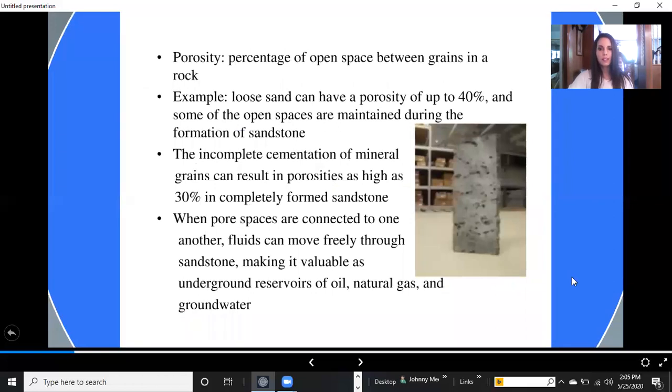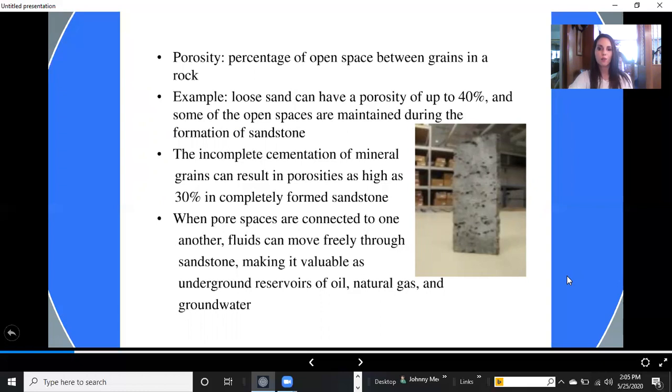Porosity. So porosity is the percentage of open space between grains in a rock. An example, loose sand can have a porosity of up to 40%, and some of those open spaces are maintained during the formation of sandstone. The incomplete cementation of mineral grains can result in porosities as high as 30% in completely formed sandstone.